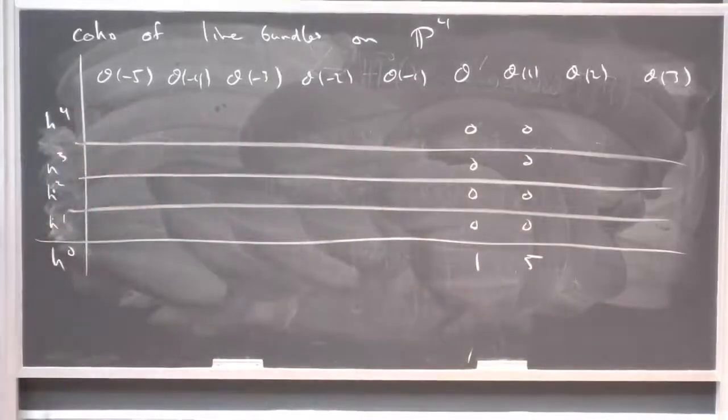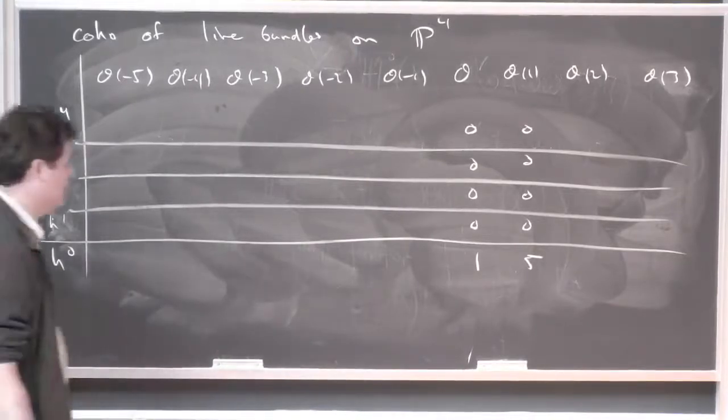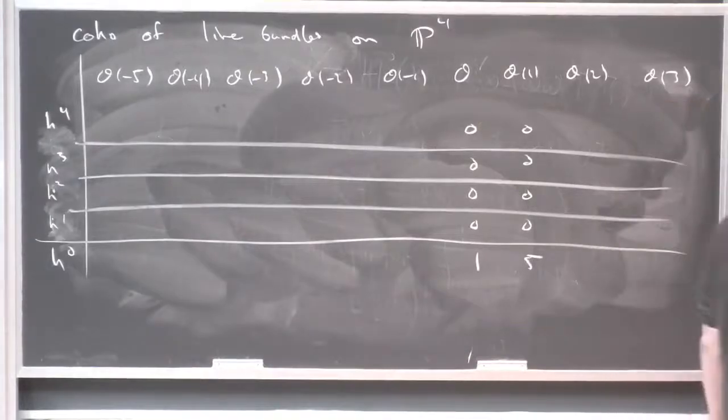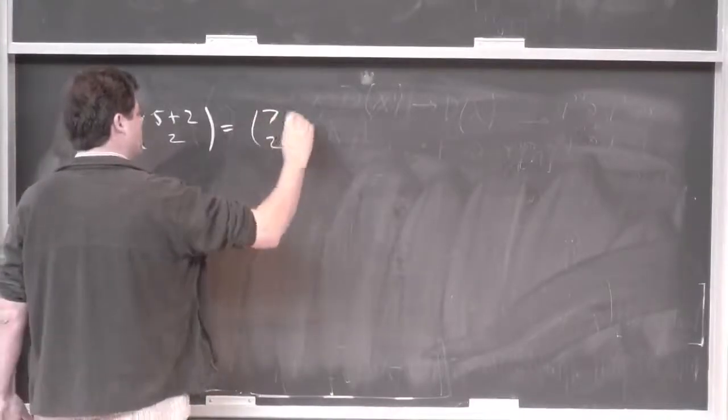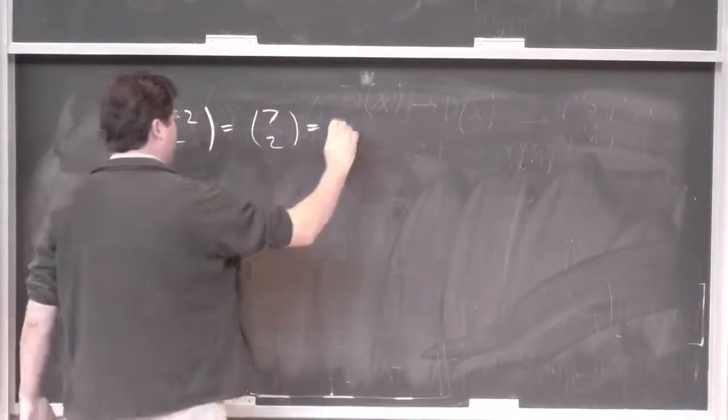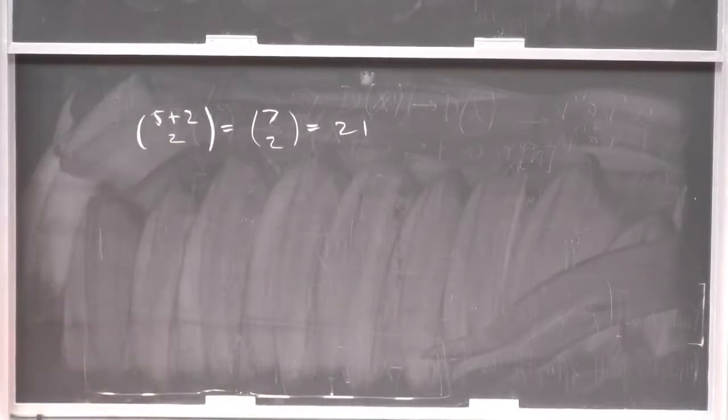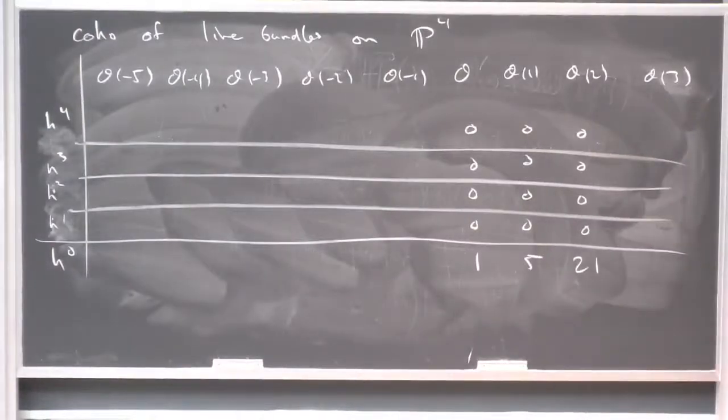And O(2), its sections are quadratic forms in 5 variables. So I need, what is it? 5 plus 2 choose 2 is 7 choose 2 is 21, yeah? And no higher cohomology.